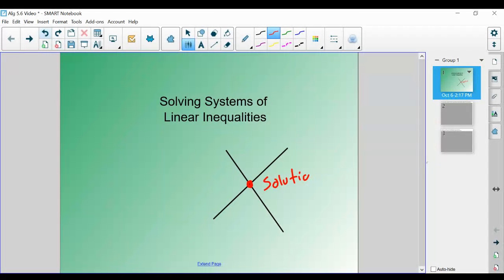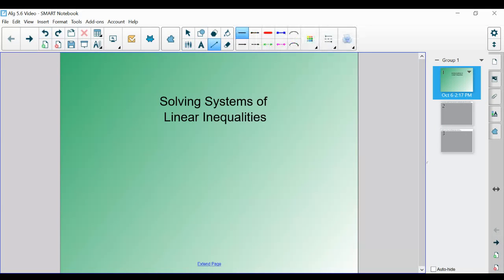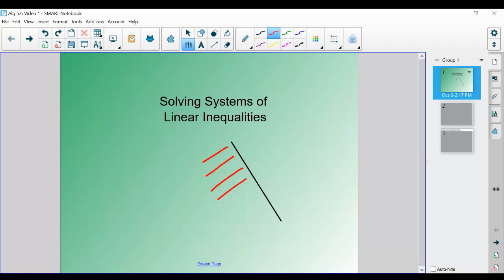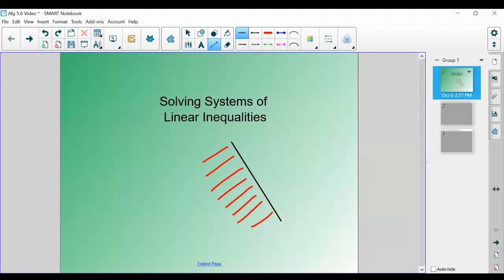But now if we think back to last class, when we were talking about graphing linear inequalities, we would graph a line, and then we would determine whether or not we're shading under or above. So let's say this would be under. Well, if I want to graph another inequality, because we're talking about a system here, so a system would have two of them, well, I would graph that inequality.